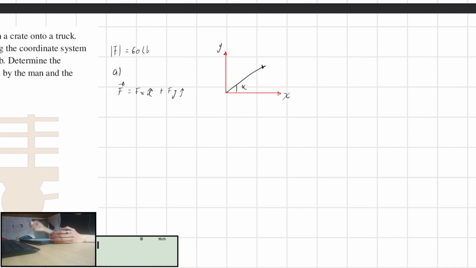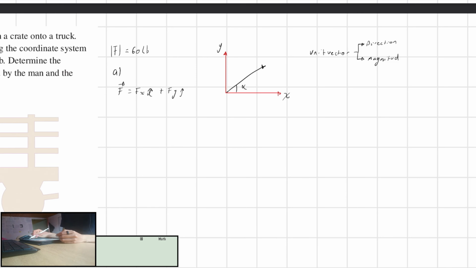What is a unit vector? Remember that when we're talking about vectors, there are two things that matter the most: the direction and the magnitude.